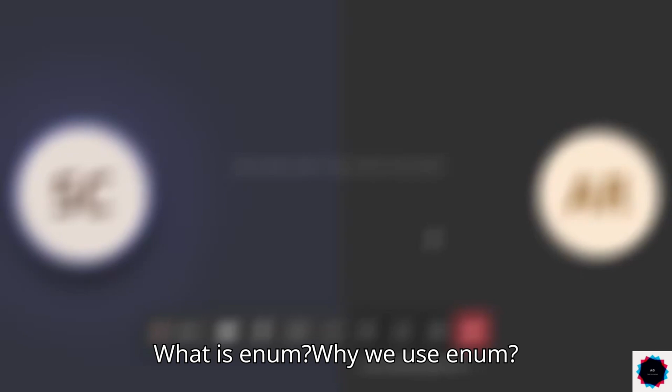Okay. Have you used enums? What is an enum? Why do we use enum? To declare constants, we can write the enum. It is the same as a class, which declares the constants.